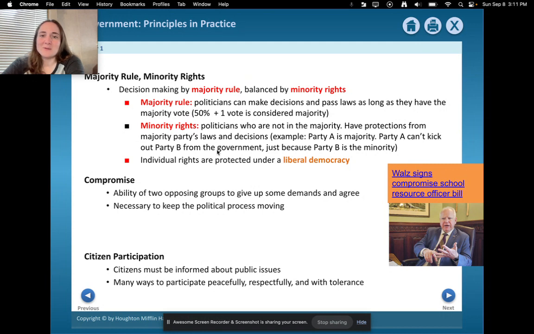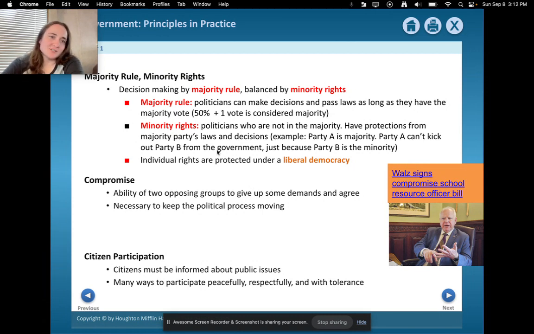So for example, if Party A was the majority, Party A just can't write a law to kick out Party B from the government just because Party B is the minority. So even the minority parties have some protection, although probably not a lot of their laws get passed. There's also individual rights are protected under the liberal democracy.